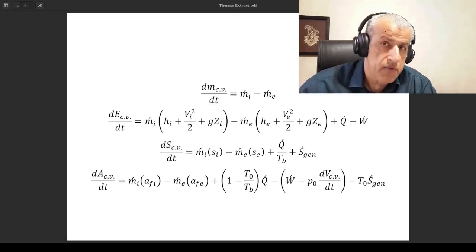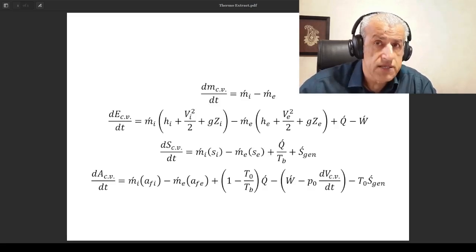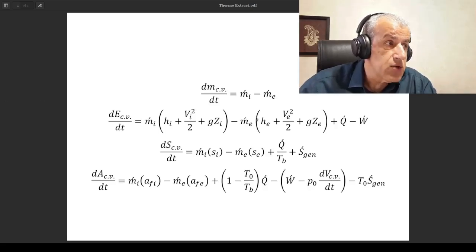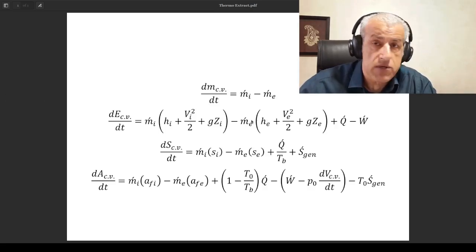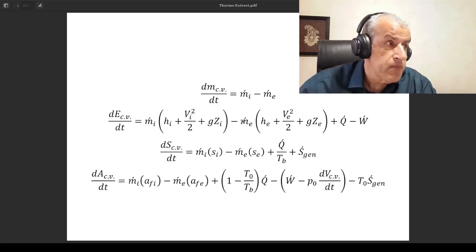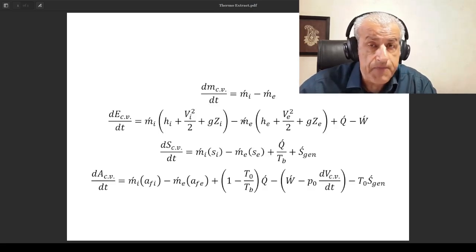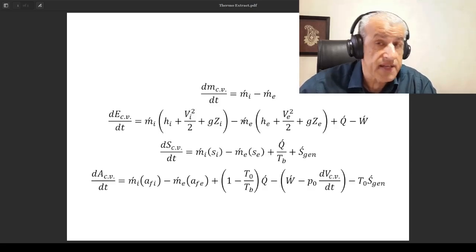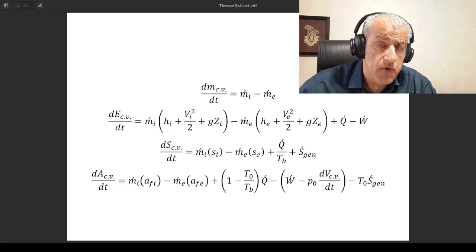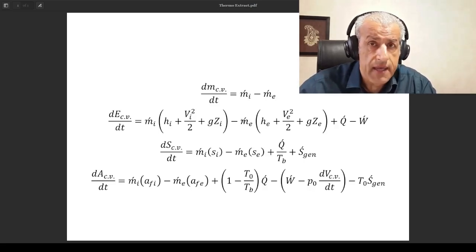But the water flow rate changes, and then we have to write down some mass conservation equation for the water. Now, as for the energy equation, which is the second equation, it could be written for them both. In fact, it has to be written for them both, for all that enters and all that exits.